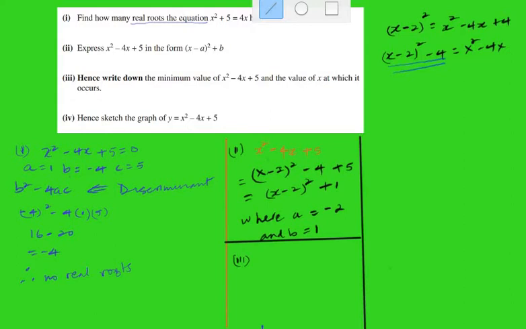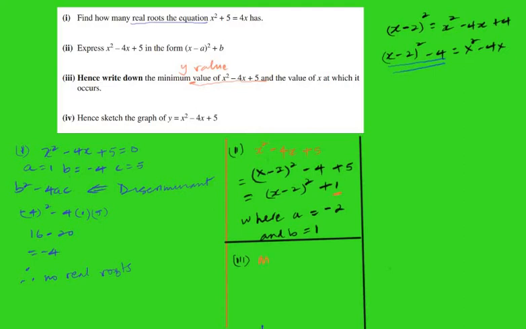So the minimum value here means what is the y coordinate, right? So the y value. And this is equal to 1.